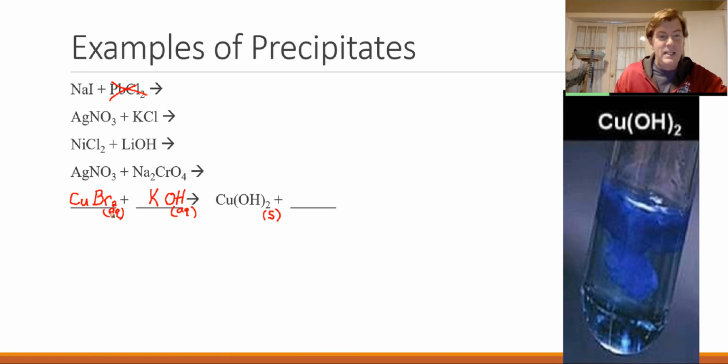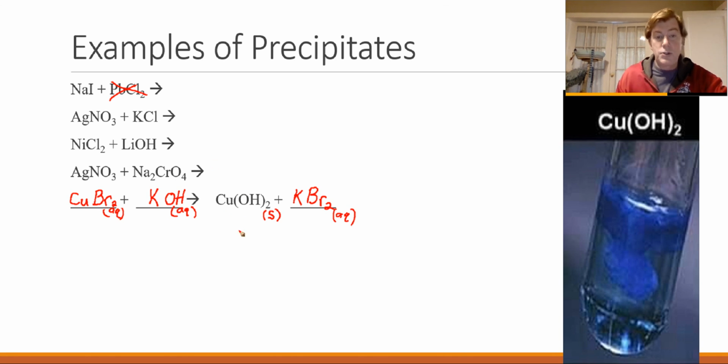But these need to be aqueous to start with, otherwise you won't have a reaction take place anyways. So filling this in, what's our extra stuff that we have here? Oh, we have potassium and we have bromide. That's the extra stuff that we have. And that is aqueous, right? Because potassium's there. That's all we need to say.